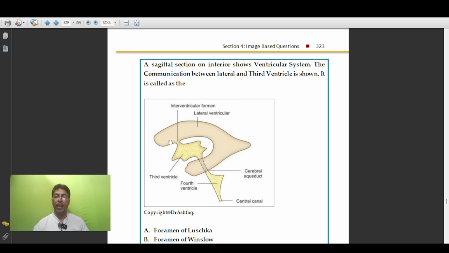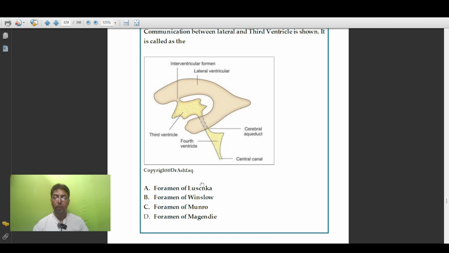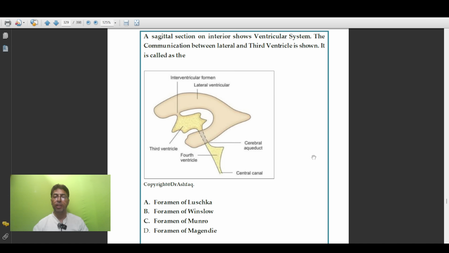It is called as, so over here, this is the area of the lateral ventricle, which I am just denoting with my cursor. And then this is the area of the third ventricle, and this is the area of the fourth ventricle. The question mentions the communication between lateral and third ventricle is shown. So this is the communication where my pointer is called as the foramen of Luschka, foramen of Winslow, foramen of Monro, foramen of Magendie.